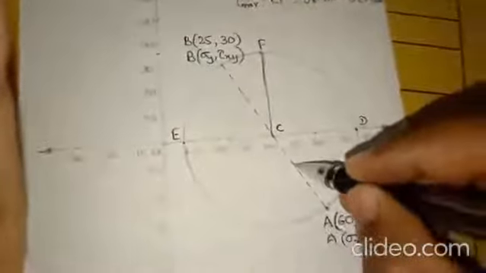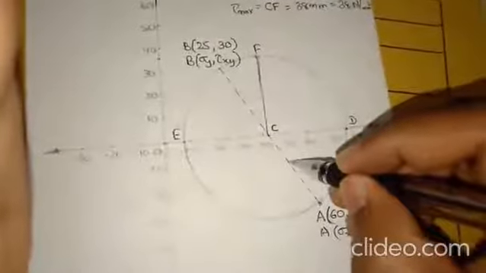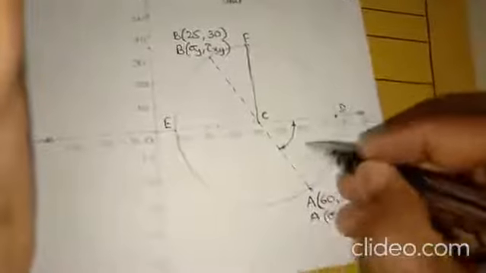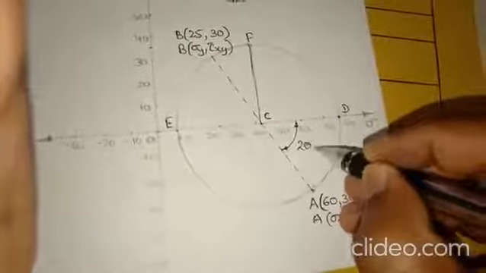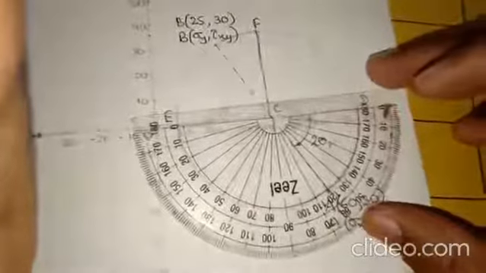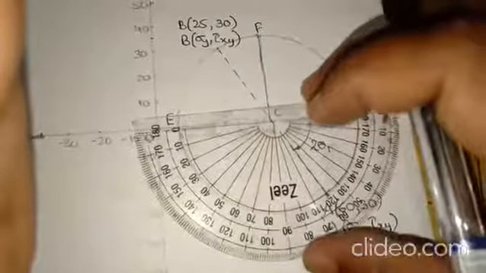Next is measurement of angles, that is, location of principal stress. Principal stress we have measured here. From this sigma x line, we will measure all angles. This angle represents 2 theta 1. Using your protractor, you will measure this angle and you will get 2 theta 1.